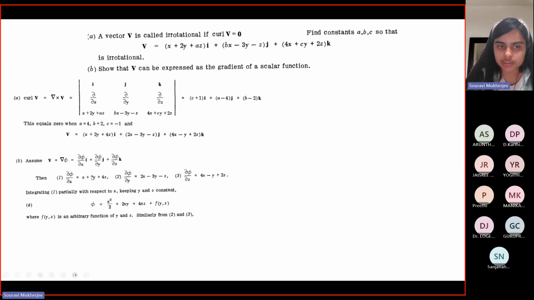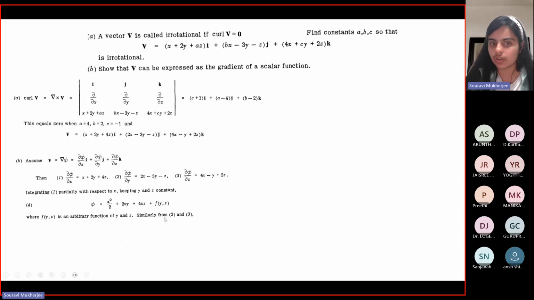While we are doing the partial integration, we'll consider these to be constants, but we'll also consider that some other function of y and z can exist, right? So when we do the integration just for this, you get phi is equal to x square by 2 plus 2xy, where 2y is considered to be constant, and 4z into x, right?